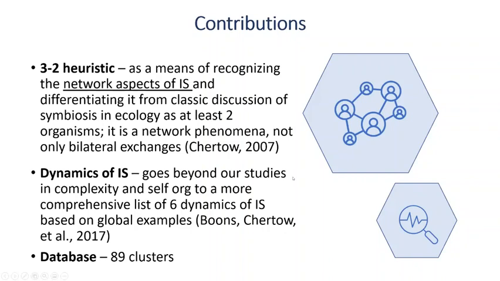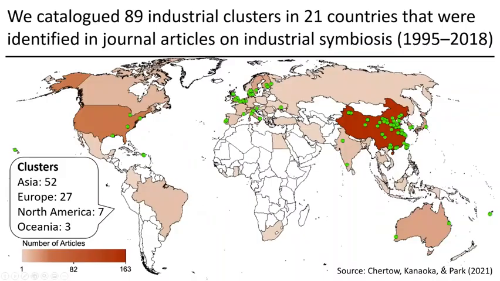And also the most extraordinary thing lately has been our cataloging of about 800 peer-reviewed articles that we found in the literature that enabled us to catalog 89 industrial clusters in 21 countries. And what you see from the map is where they are. Most are in China. The second most are in Europe. The rest of the world, we don't have such emphasis on these clusters.